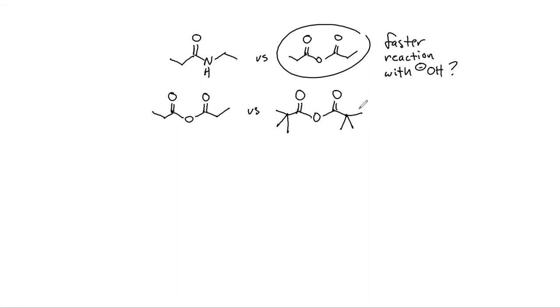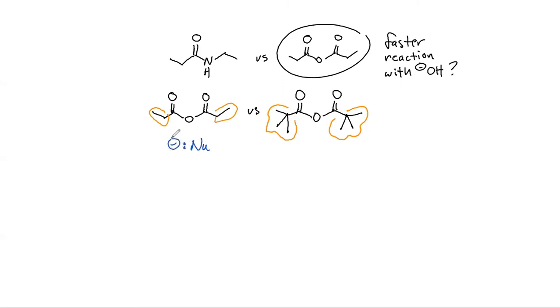What's the difference? The difference is the size, or steric hindrance, of the groups nearby the carbonyls. On one anhydride, we have relatively small ethyl groups. In the second anhydride, we have relatively bulky tert-butyl groups.